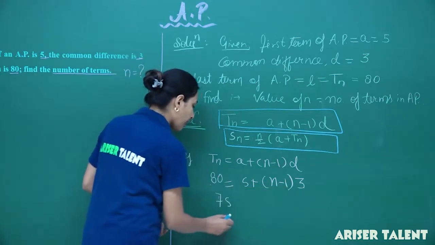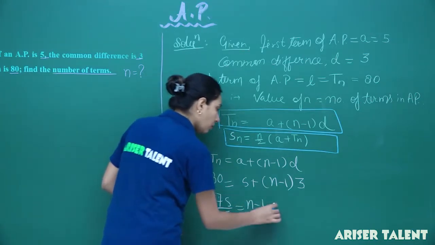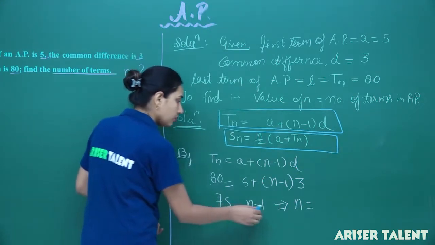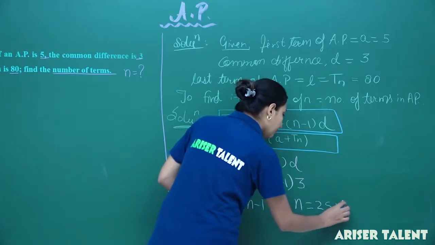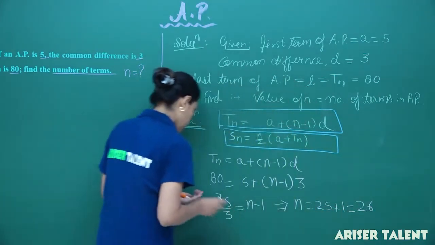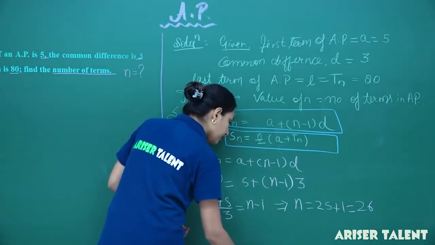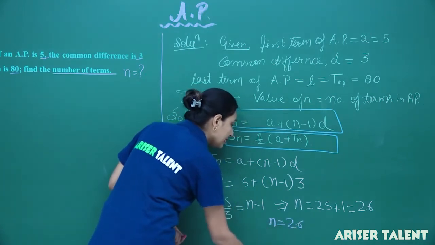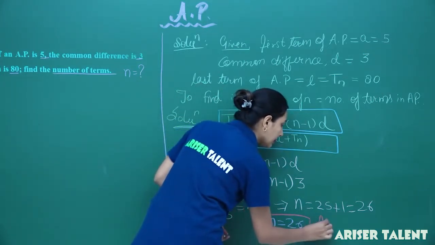Now, divide this by 3 here, so n minus 1 equals 25. N equals 25 plus 1, that is 26. So n equals 26 is your answer.